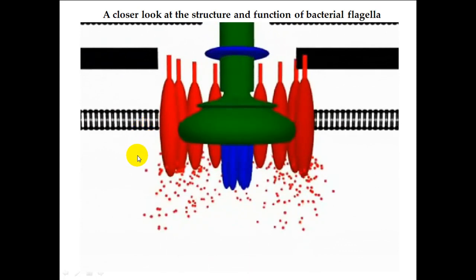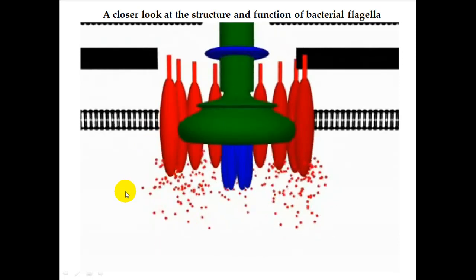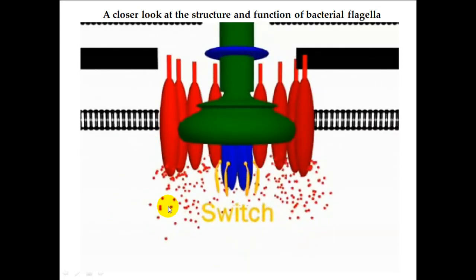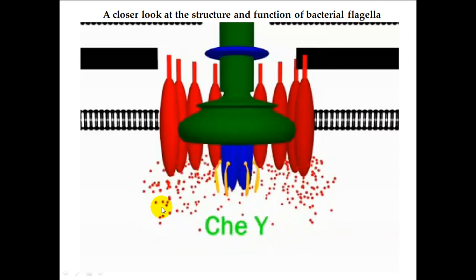What we'll show you next is that the spinning action can happen in one of two directions. It can happen clockwise, like we're seeing here, but the bacteria can switch things up so that it spins counterclockwise as well. We'll see the reason for that during class, but we'll just mention here that the bacterial flagella can spin in two different directions. There are some proteins involved in causing that switch to happen.